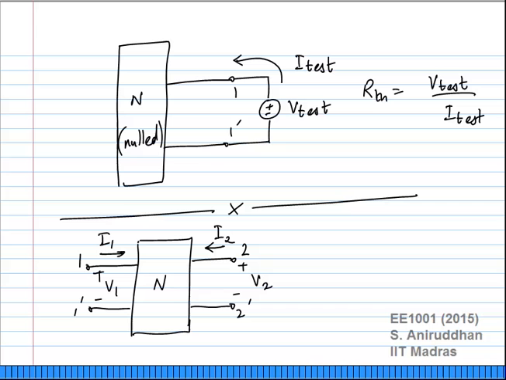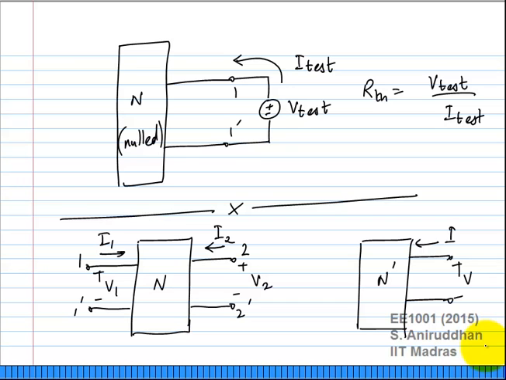In the case of a one port network, you had V and I, a single pair of voltage current quantities. You just had a single voltage and a single current to deal with. Now you have two ports, so you have two voltages and two currents.